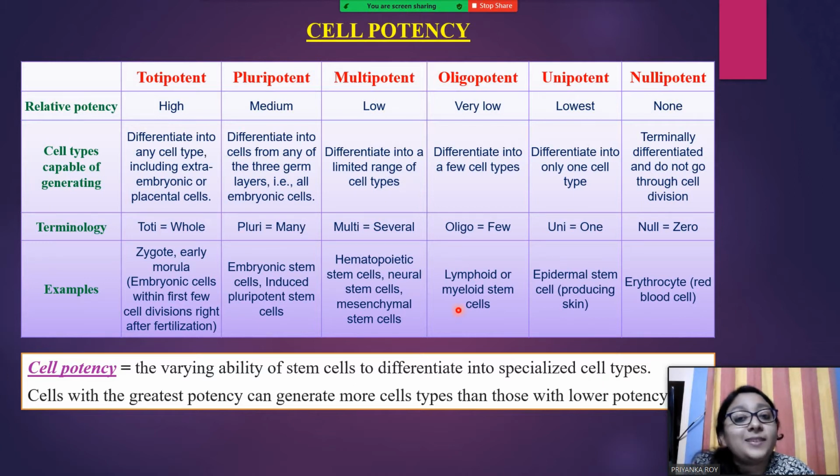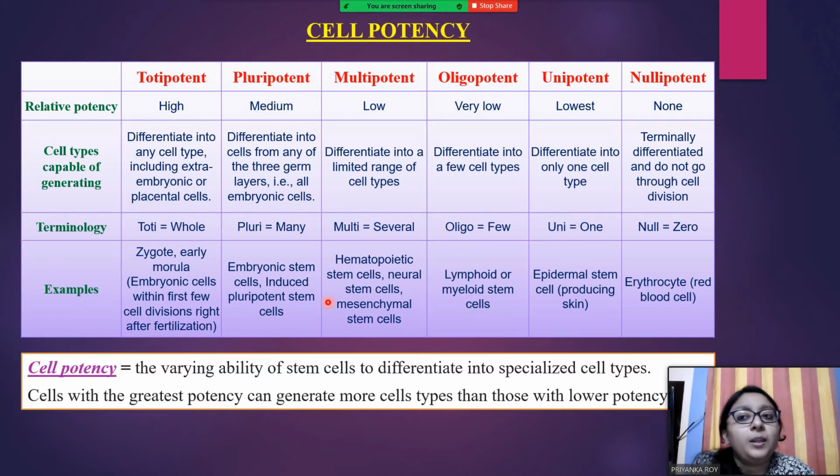As we know that stem cells have this ability to give rise to a different type of cell. Now, the ability or the degree of potential that a stem cell has is known as cell potency. So, cell potency will be greater in cells which can generate more types of cells, and the potency will be lower when the cells cannot generate many cell types, only a few cell types.